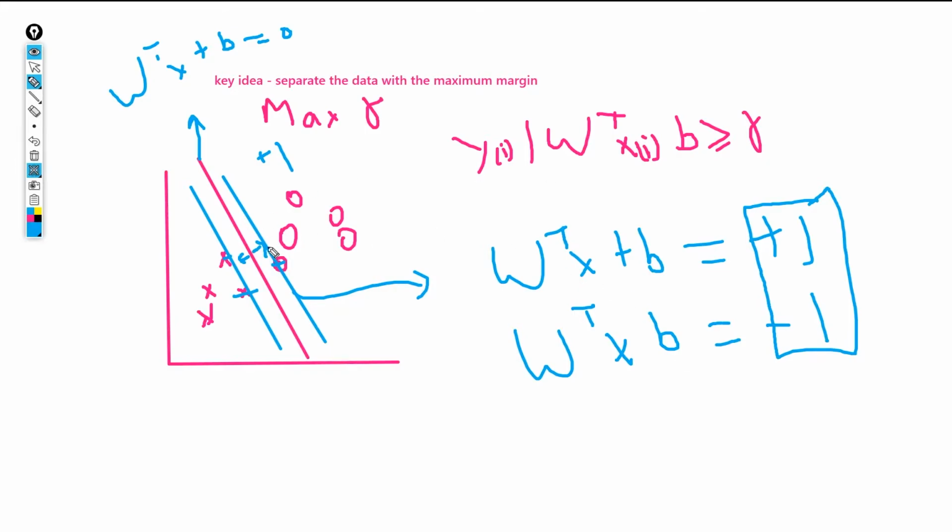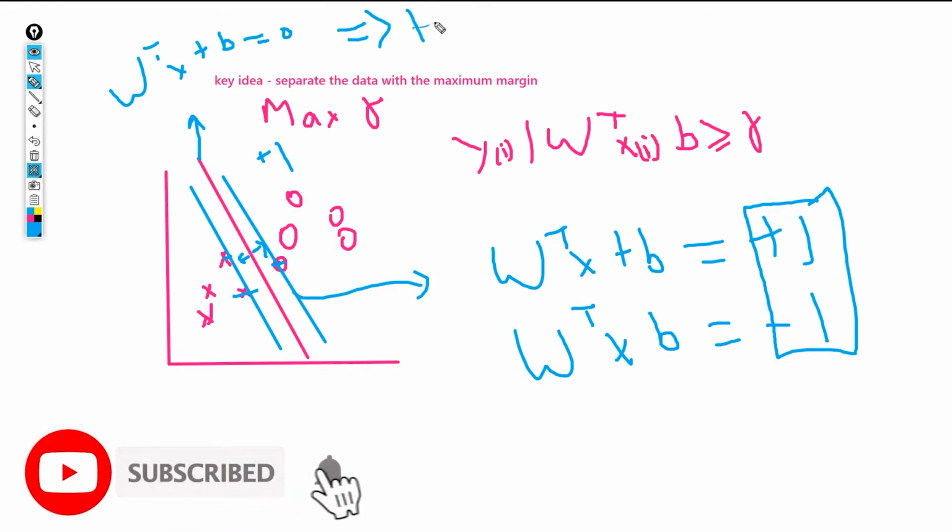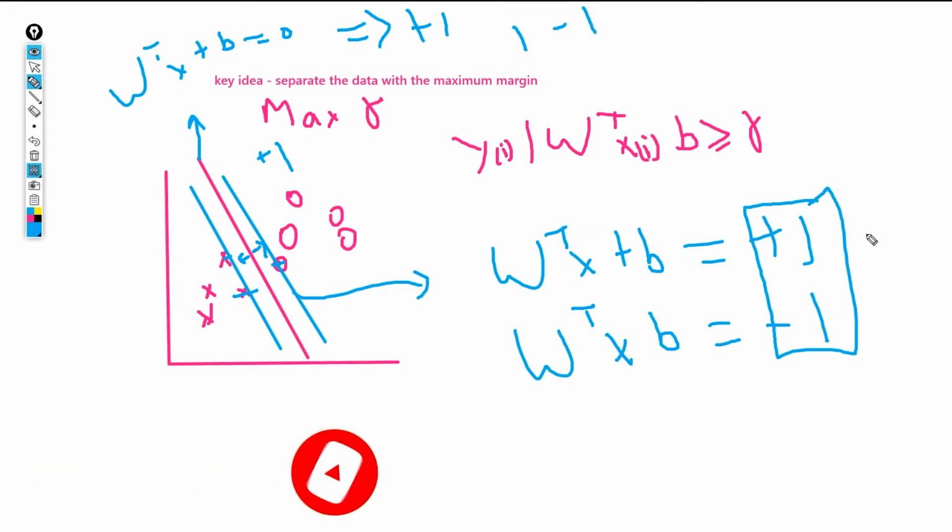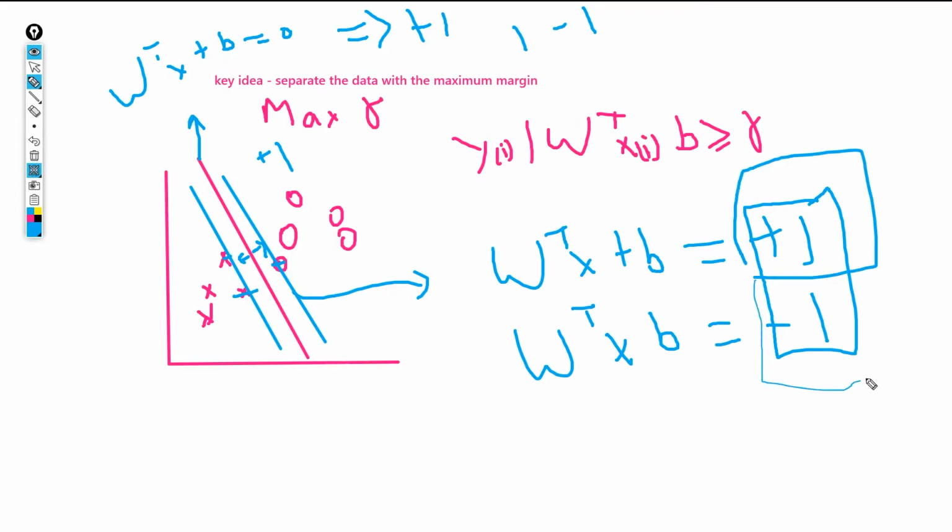Okay, so what I have done here is I have taken values like plus 1 and minus 1. You must be thinking, why did we take plus 1 and minus 1? Actually, it is not necessary that plus 1 and minus 1 should be taken, but it is very good for understanding the algorithm. If you want, you can take anything else.